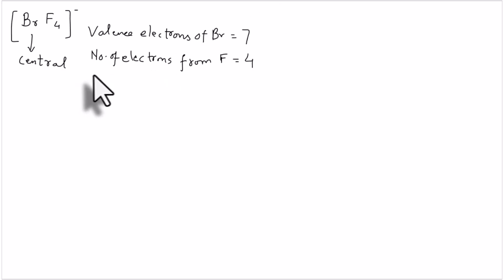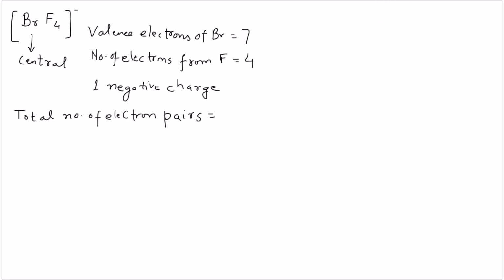And there is a negative charge also, so another electron from the negative charge. So the total number of electron pairs is 7 plus 4 plus 1 from the negative charge, divided by 2 to get the pairs. So 12 by 2 is equal to 6.